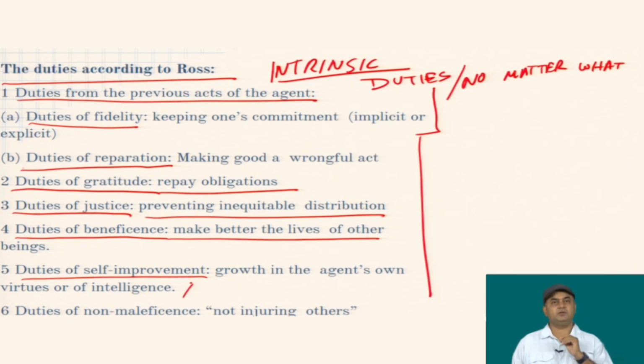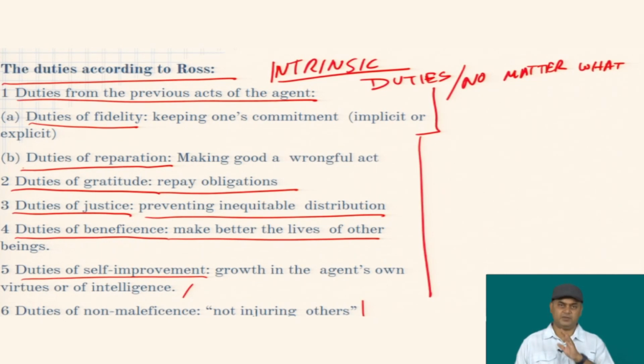So, there is a duty towards one's self growth also, and finally, duties of non-maleficence, that you are not to injure others. So, these are the 6 duties, with the first one having 2 parts, that Ross lists out as something which is intrinsically valuable and which needs to be followed, right. But then the question comes, how do you decide on this?